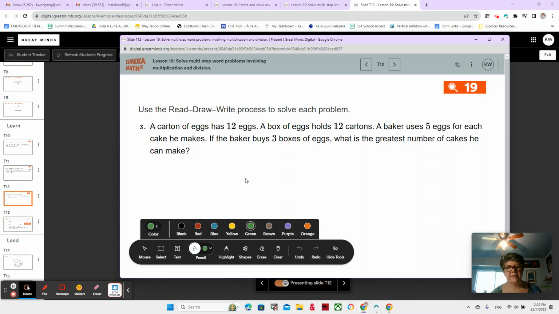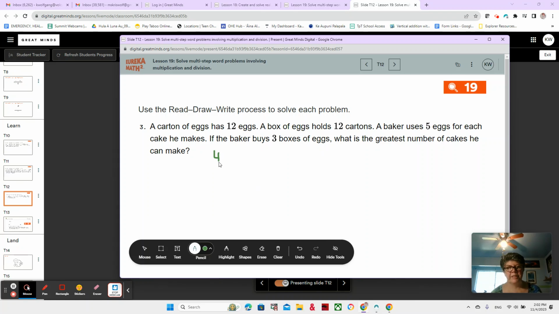All right, we'll use green this time. 432 divided by 5. Remember, we're dividing by 5 because 5 eggs are going in each, you see the word each cake, right? That's a clue word for division. 432 divided by 5. Total eggs divided by the number of eggs in each cake.